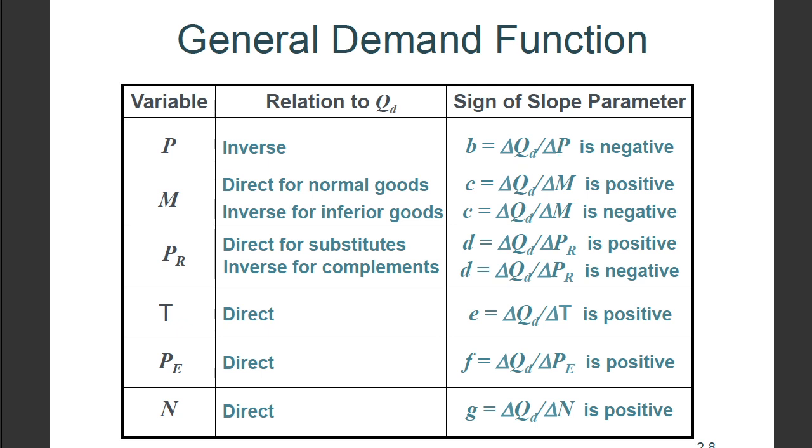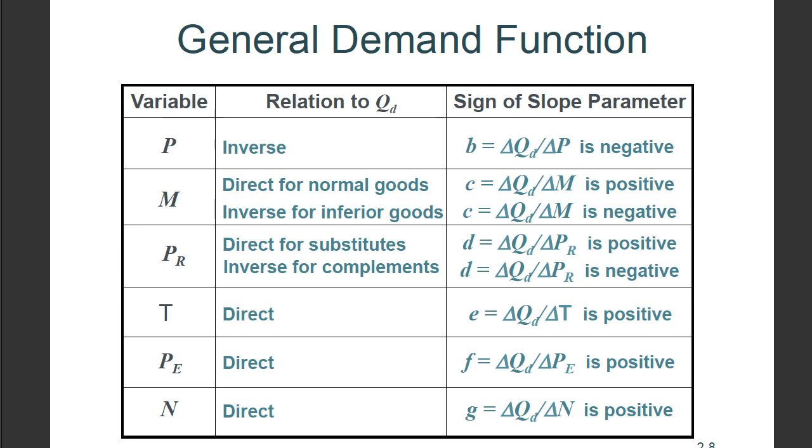For PR, the D should be positive for substitutes, but negative for complements. The relationship should be positive or direct for taste or preference, future prices, and number of consumers.